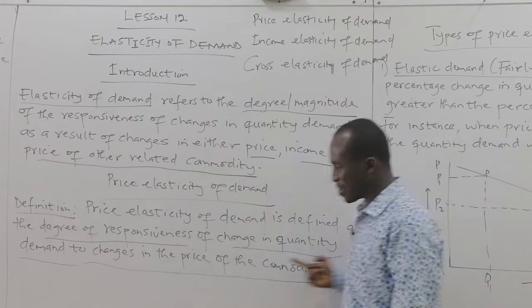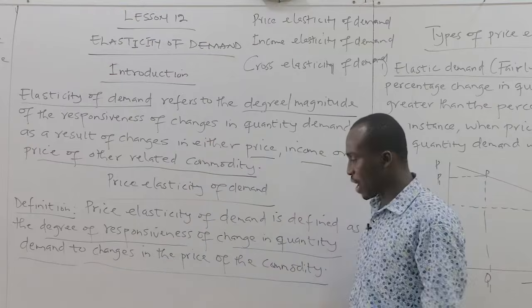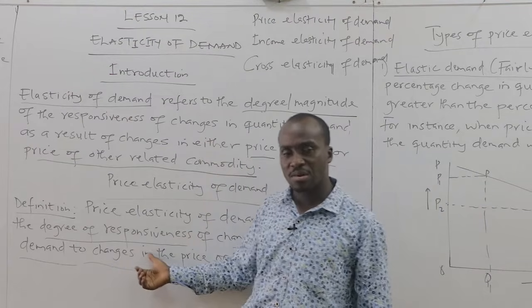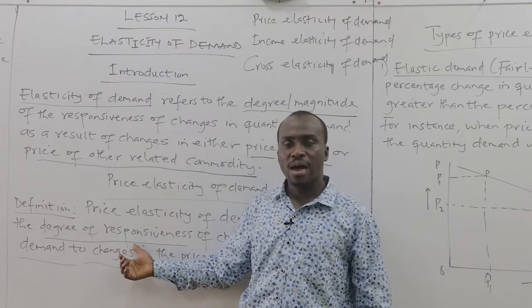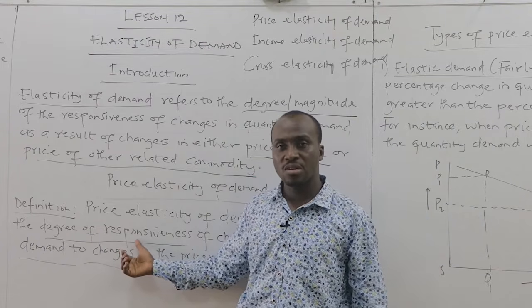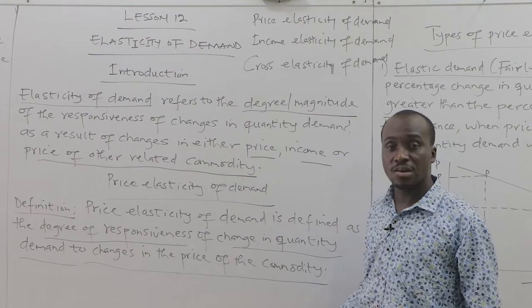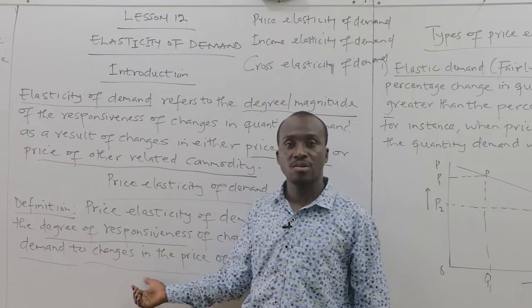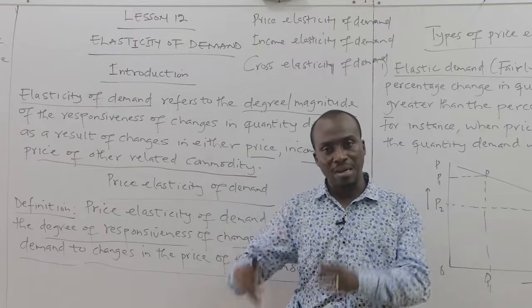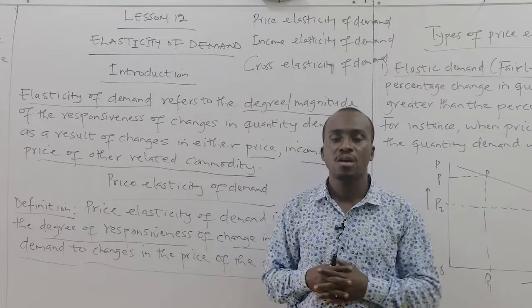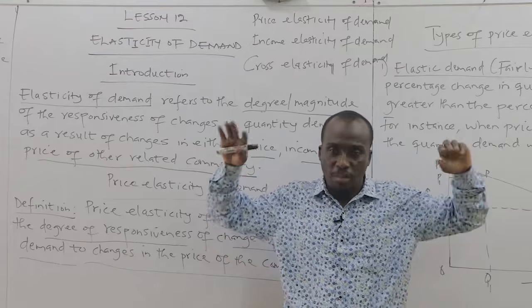How does your demand respond to a change in price? If price increases by 10%, how will your demand respond? Will your demand fall by 40%, or by 80%, or by 100%? So we see the different degrees to which consumers' quantity demanded responds to changes in price. Just think about it.